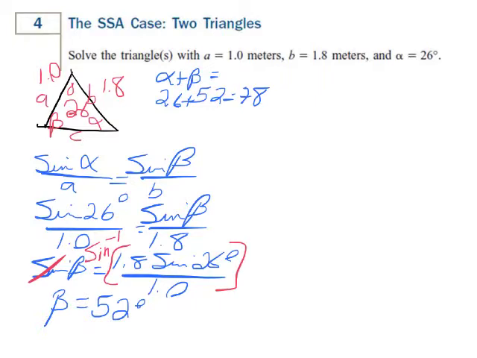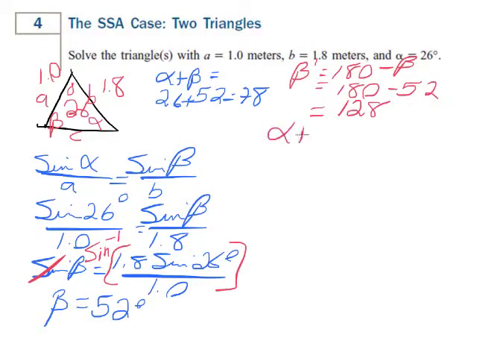Now let's try the other one where we want beta prime. So we're going to go 180 minus beta. So 180 minus 52 is going to be equal to 128.